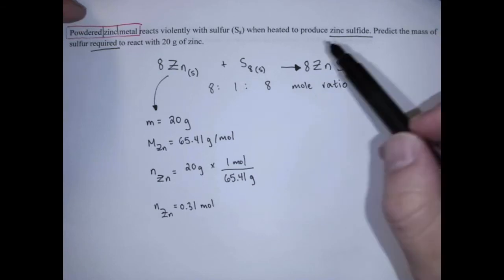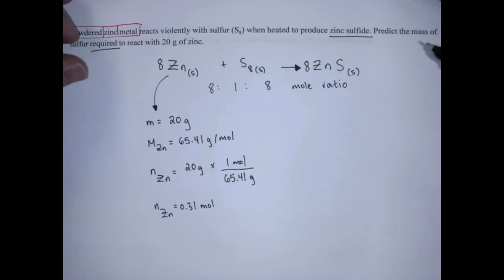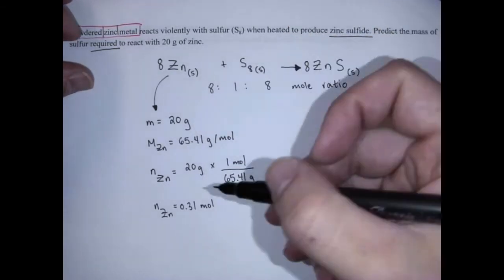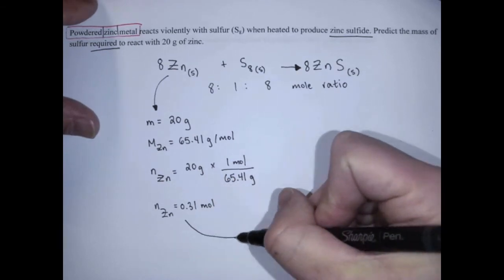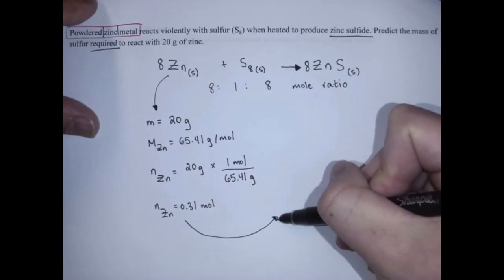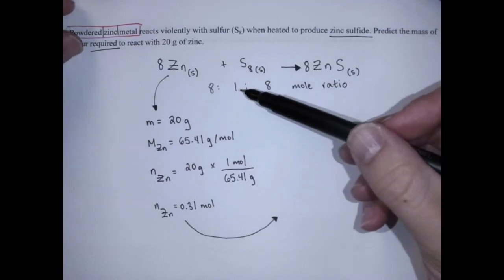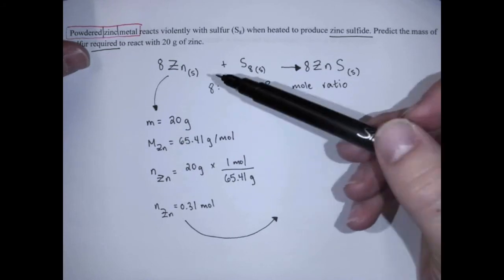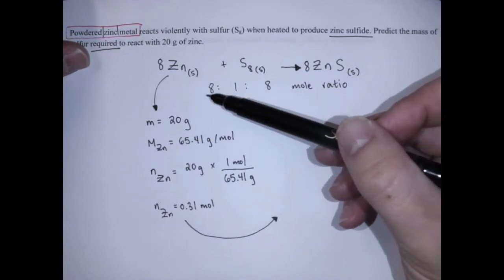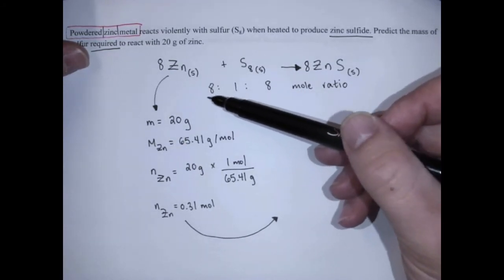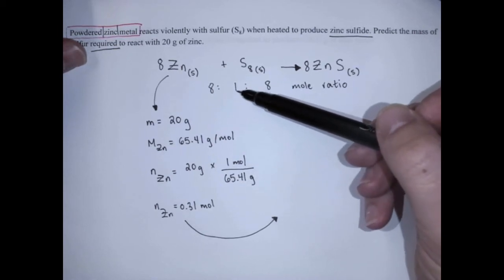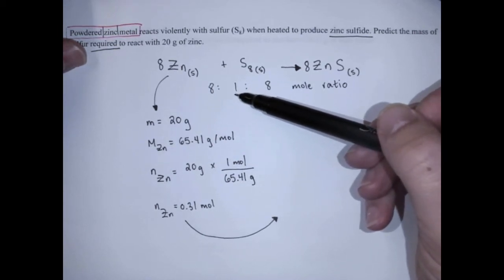Now what we're asked for is the mass of sulfur. So the question is, how much sulfur do I need? I need to take these moles of zinc and figure out how much sulfur I would need to react with the zinc. Well, my mole ratio states that for 8 moles of zinc, I need 1 mole of sulfur to completely react with it.